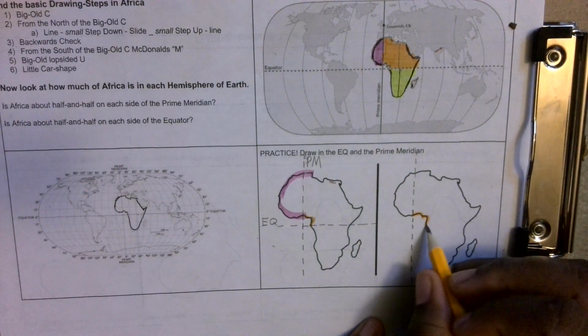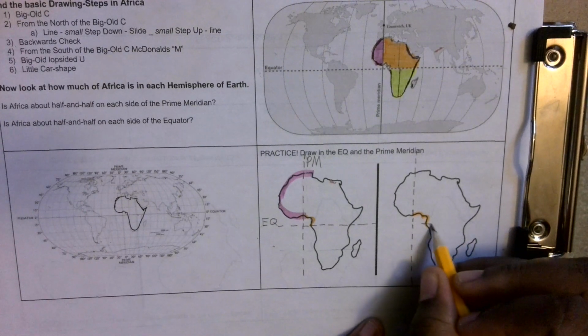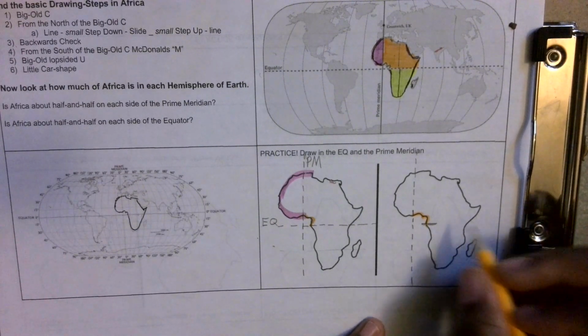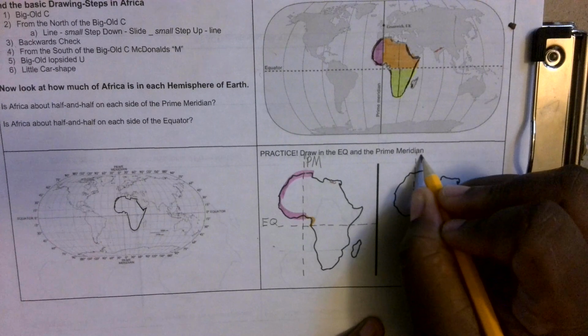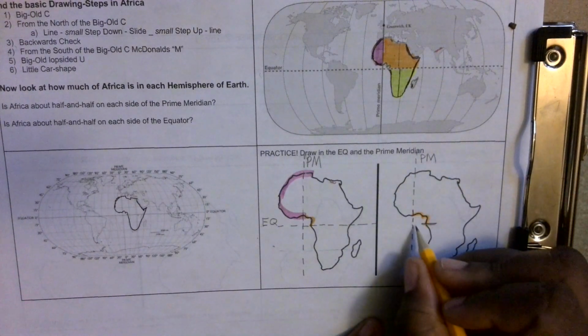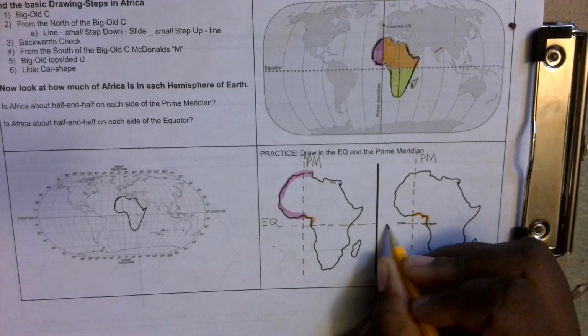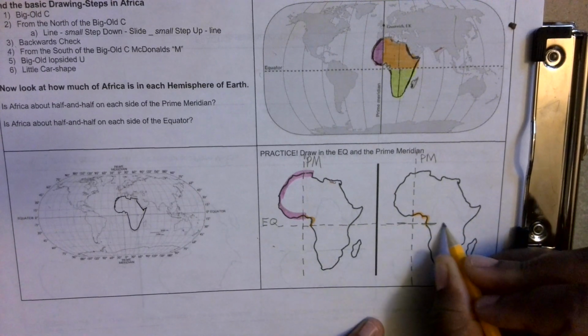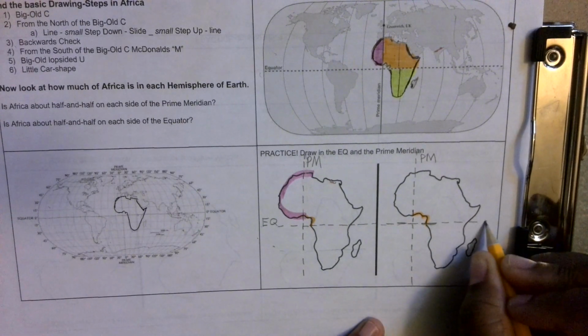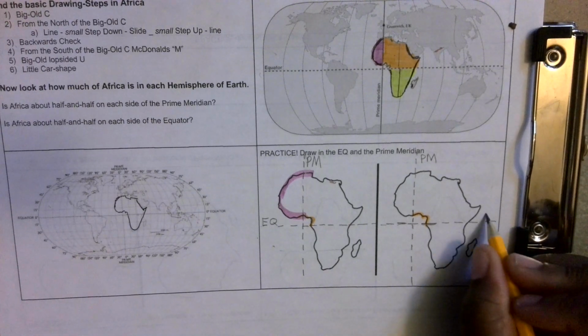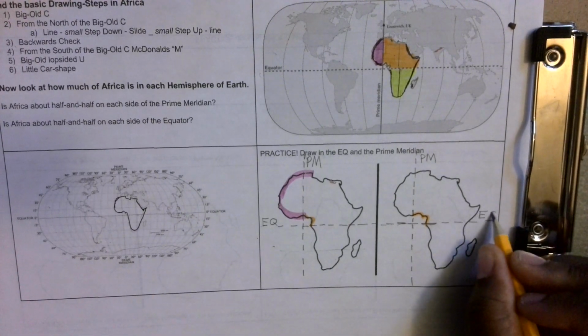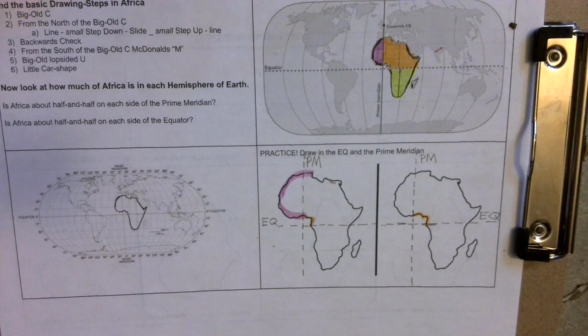Well, the equator, there's the bottom of my McDonald's M. And so the equator is right around there. Oh, I need to label my prime meridian. And I'm going to label my equator EQ. See you in the next part.